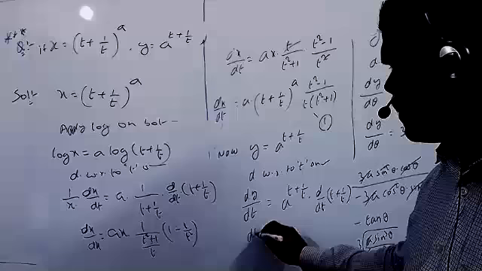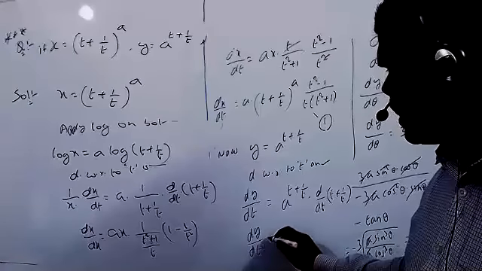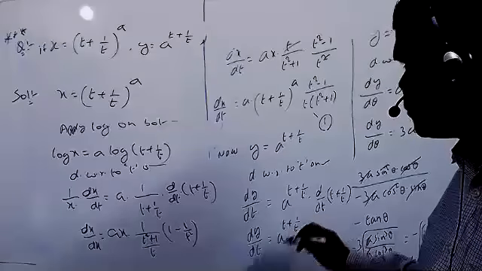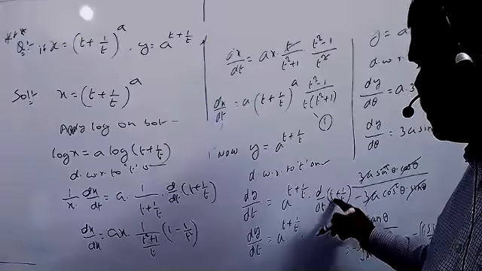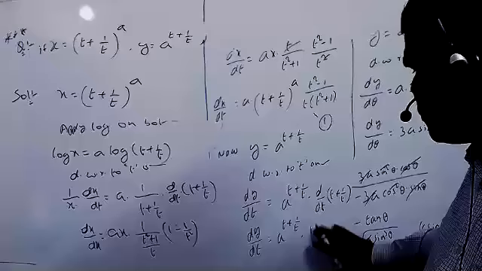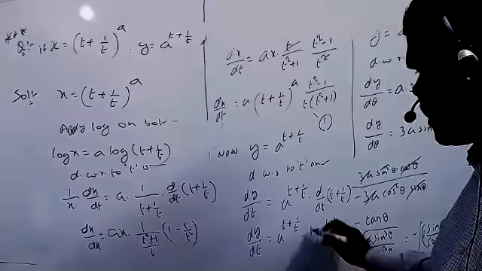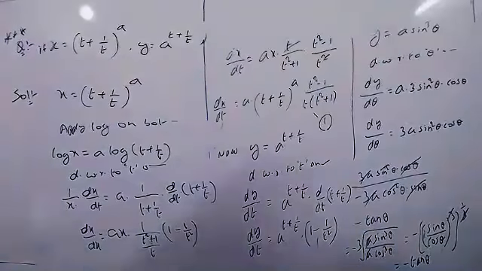So therefore dy by dt equal to a power t plus 1 by t into differentiation of t equal to 1 and 1 by t equal, you can write now 1 minus 1 by t square.